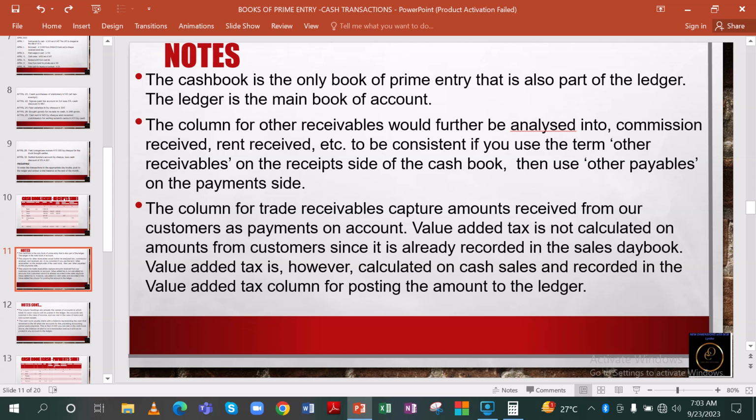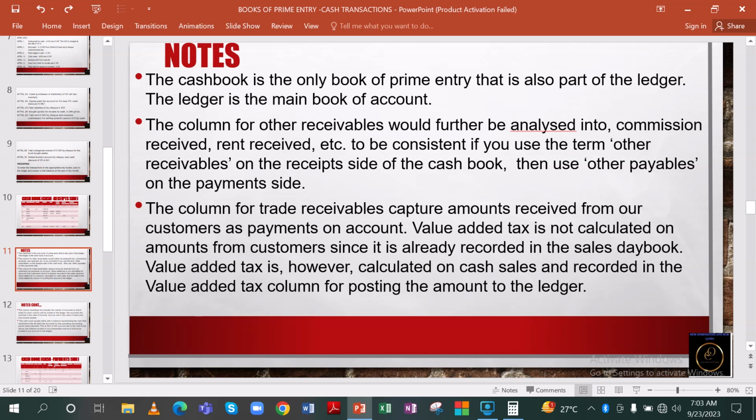Then the second point is that the column for other receivables would further be analyzed into commission received and rent received, etc. To be consistent, if you see the term other receivables indicated on the receipt side of the cash book, then use other payables on the payments side as well. So that is being consistent.